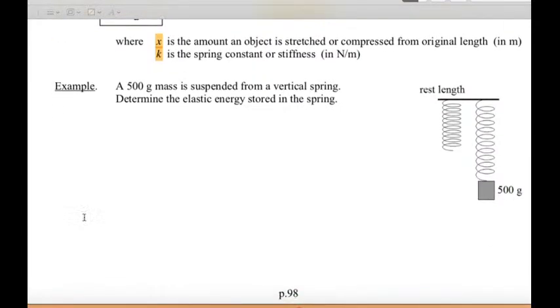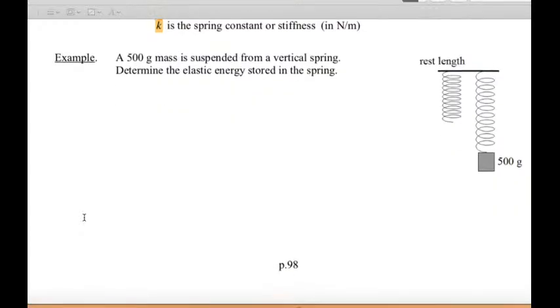Okay, let's give this example a shot. We have a spring with some rest length that we have to measure. It's not given to us. We're going to call it 37 centimeters at rest.